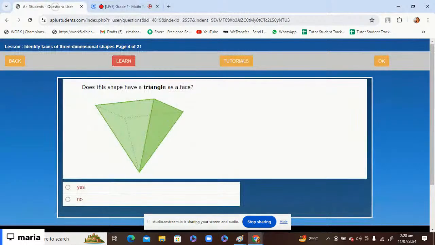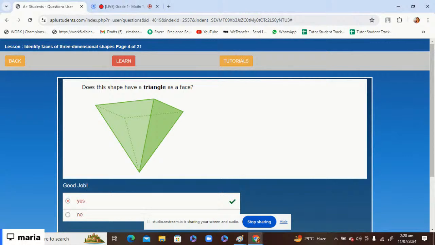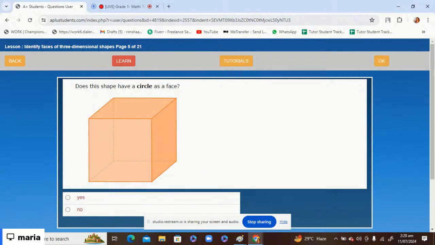It's shared again. Okay. So when we see, check it out. Does the shape have a triangle as a face? Check it out, everyone. Yes, it has a triangle as a face. Okay, so we go with this option. So now, does this shape have a circle as a face? Check it out. Is there any circle as a face?